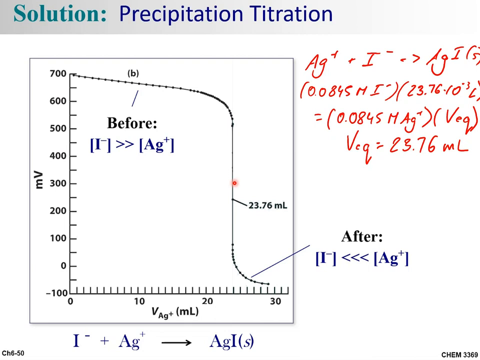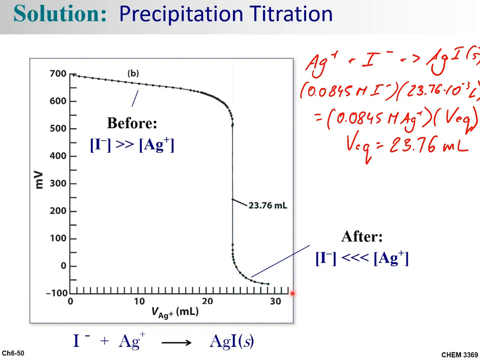So this change in the concentration of silver plus ions at the equivalence point will cause the abrupt change in the potential of the silver electrode. And this allows us to determine the endpoint. Okay? So if you didn't know the equivalence volume, if you didn't know the concentration of the iodide, you would still get this titration curve.